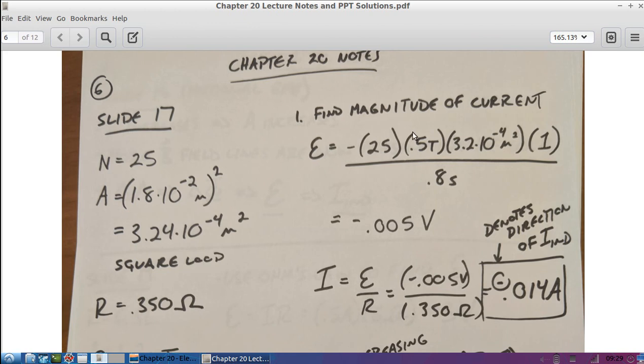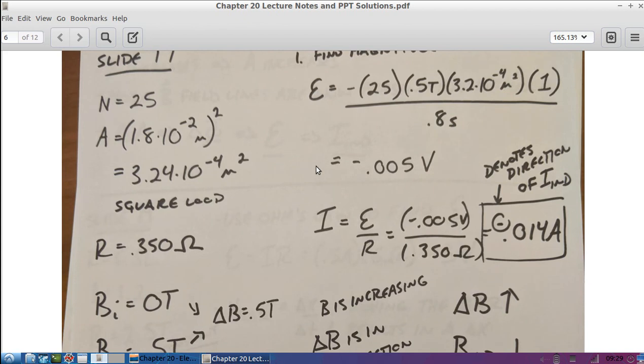So this is delta B, this is A, and this is cosine theta. So that's my change in flux. That's my time interval, the time it takes for the magnetic field strength to change. And that is the number of coils, or loops in the coil. So I calculate this, I get an induced voltage of negative 0.005 volts. So very small induced voltage.